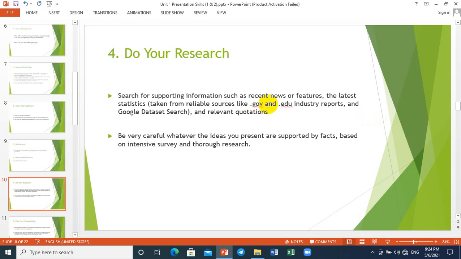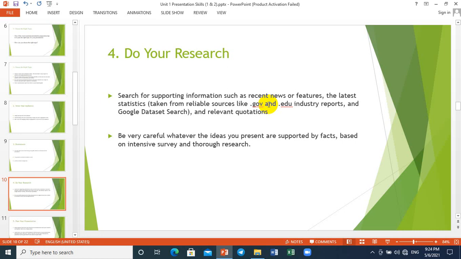Be careful that whatever idea you present is supported by fact based on intensive survey and thorough research. So when we use information to support our idea in our presentation, we need to make sure that this information is reliable.